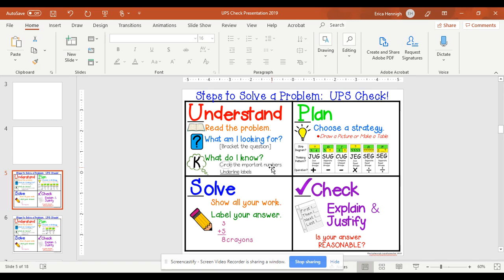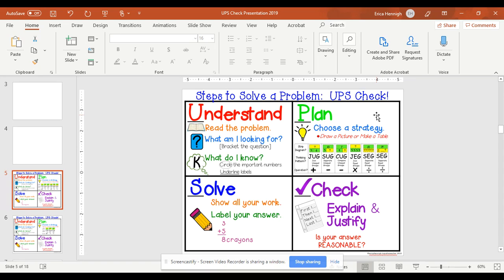Some of the numbers may not be numbers that they need, so they have to think about, is this something I need to answer the question that I originally was asked? We write down the things that we know, and we circle those as well in the problem. Okay, and then we move on to the plan box.